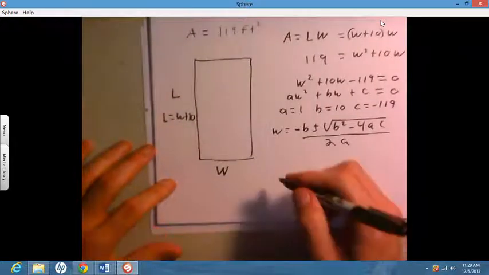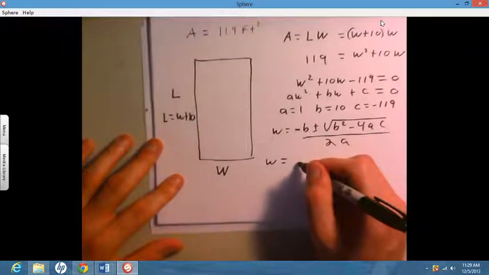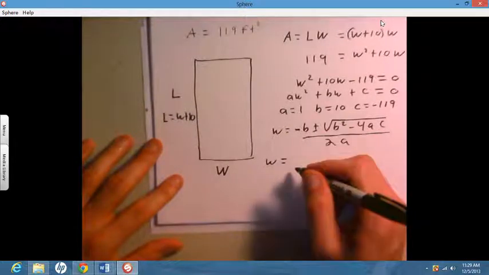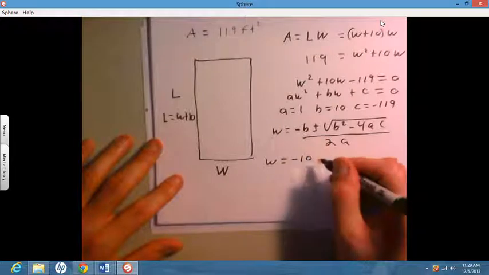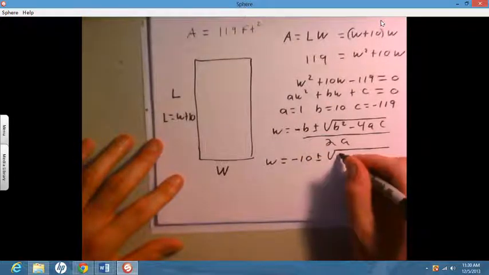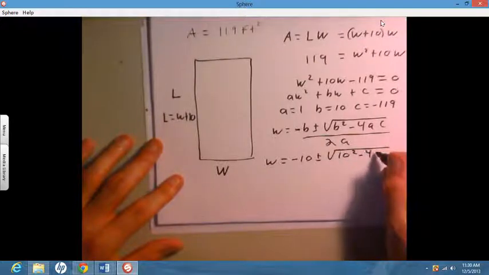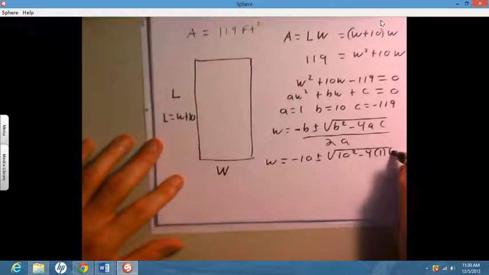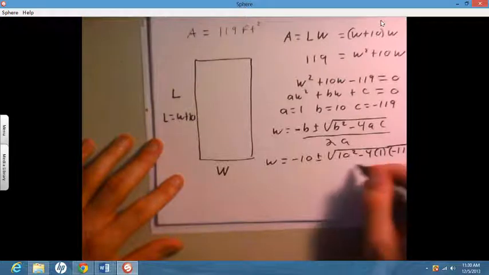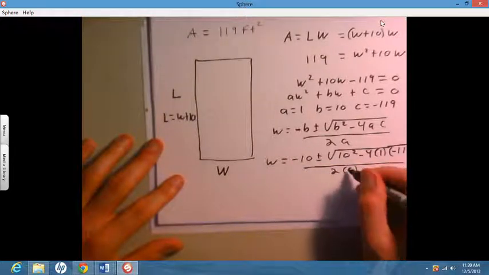Well, b is 10, so negative b is negative 10, plus or minus the square root of 10 squared, minus 4 times a, which is 1, times c, which is negative 119, all divided by 2 times 1. A is 1, right?